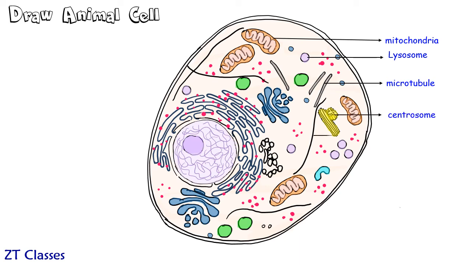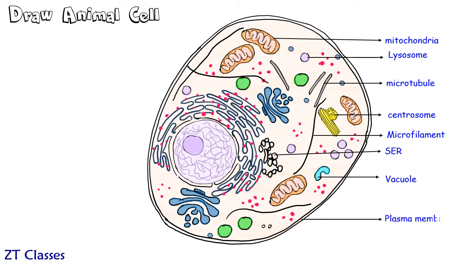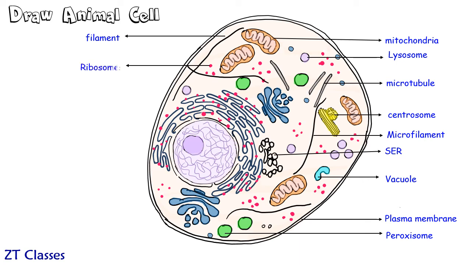And the centrosome, which helps in cell division, and these are microfilaments or filaments, also part of the cytoskeleton. SER is your smooth endoplasmic reticulum, and these are your vacuoles, small in number, small in size. This is your cell membrane or plasma membrane, and this organelle is your peroxisome, mainly found in liver cells. Again, filament is there, part of the cytoskeleton.